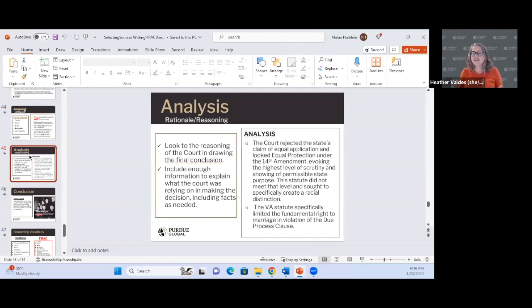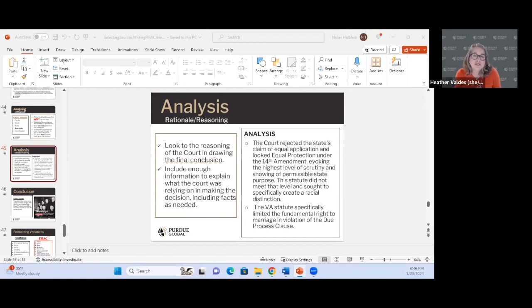So the analysis section. I'm going to address Tiffany's question real quick. When writing the issue and rule, do you do it separate or together? It's totally up to you. I personally write each section separate. Sometimes I will figure out the rule first.